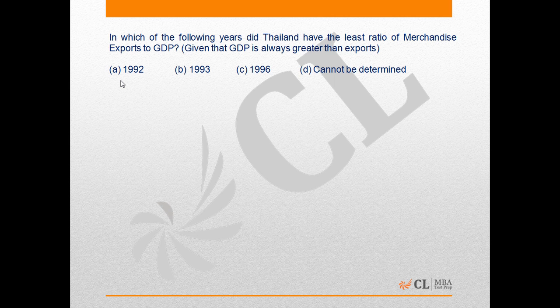Moving to the next question. In this question, it is asking, in which of the following years did Thailand have the least ratio of merchandise export to GDP, given that GDP is always greater than exports?